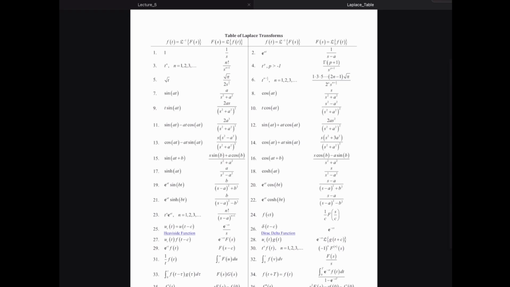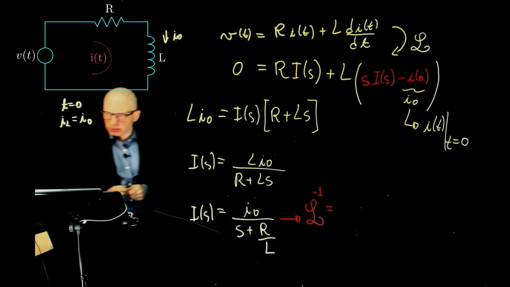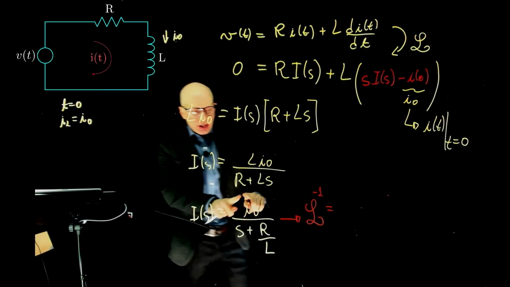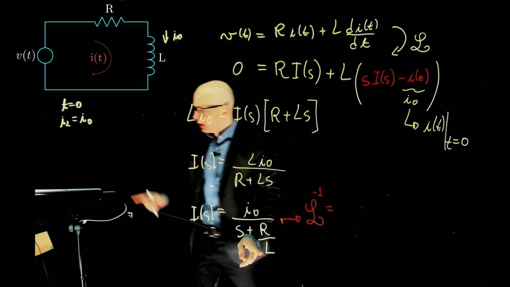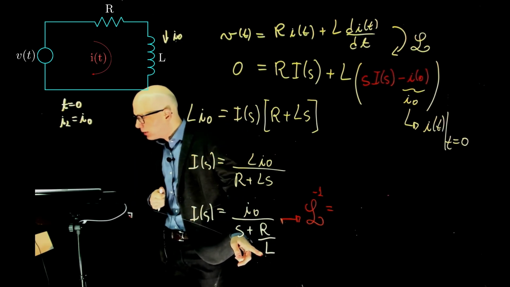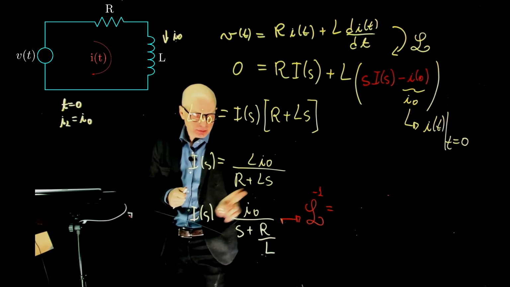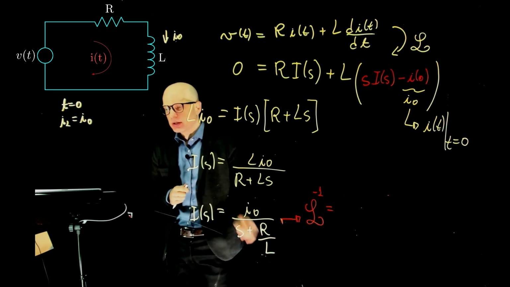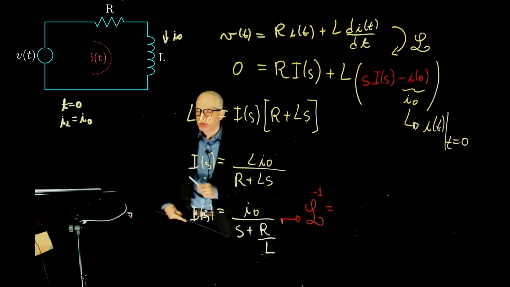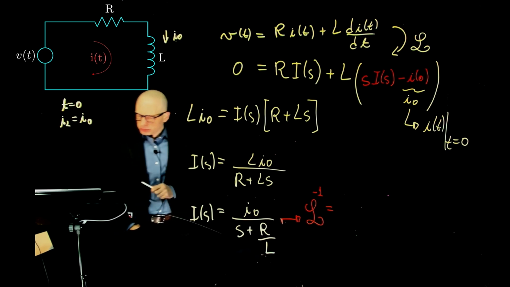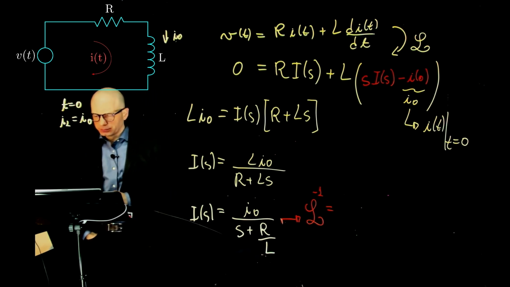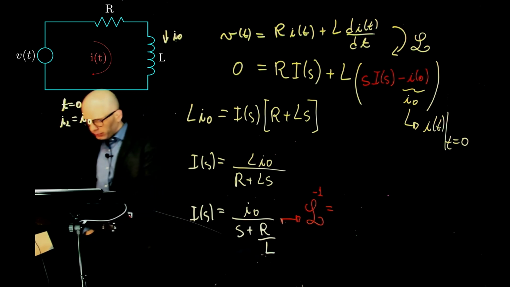You have the table with you. I'm going to keep the board on here, and look at the type of equation you have here. Tell me which property in the table falls in this format that we can use to solve for the inverse Laplace transform.